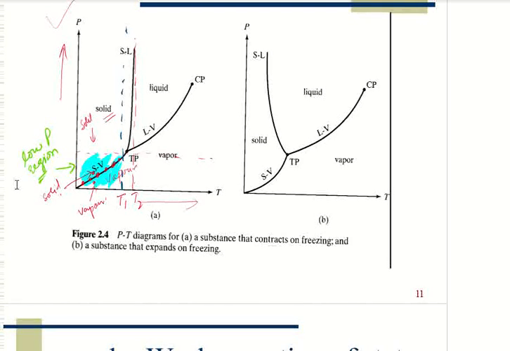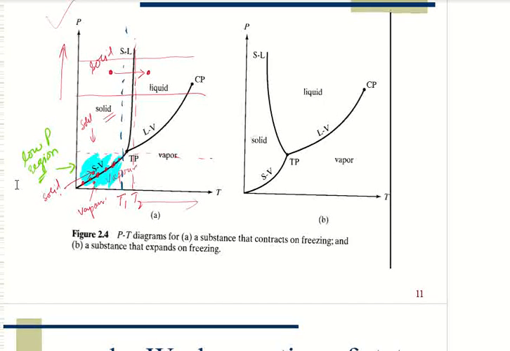So this material is at low pressure and low temperature in solid state, and at high pressure and low temperature also in solid state. If we now increase the temperature slightly higher, we go to the liquid state of that material.